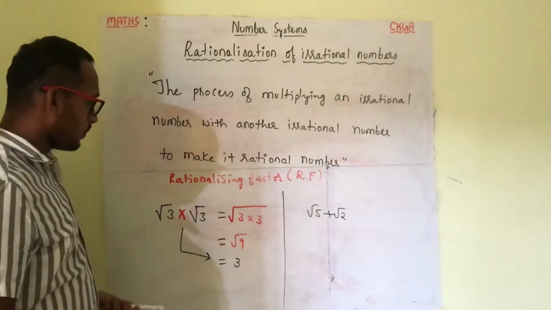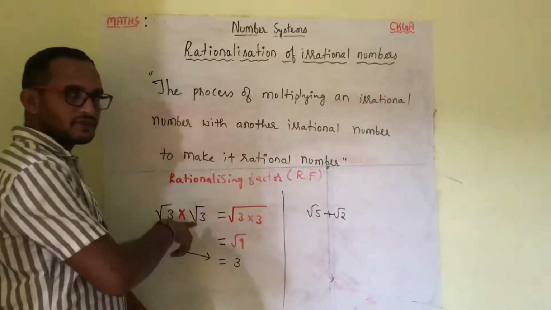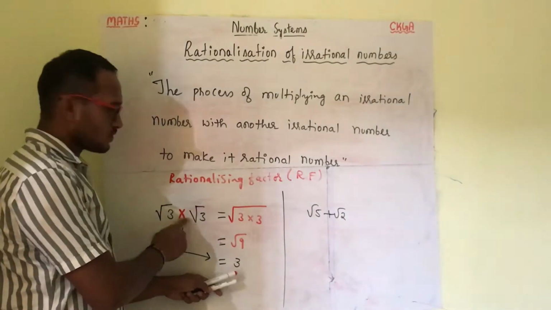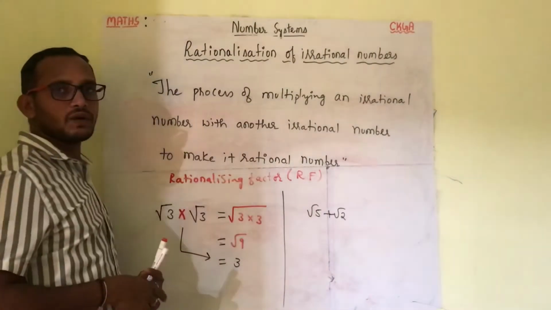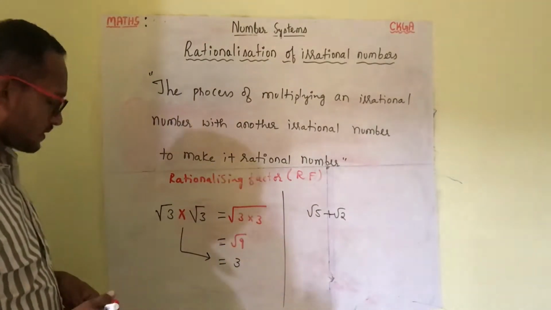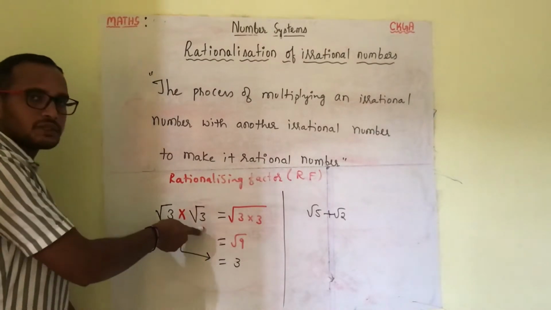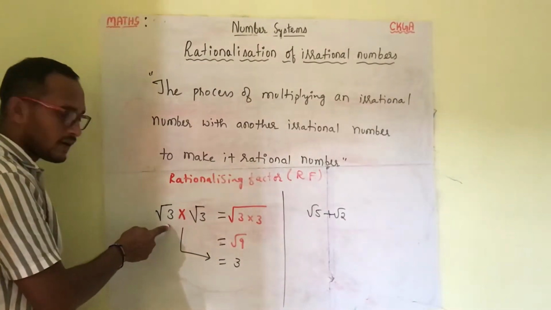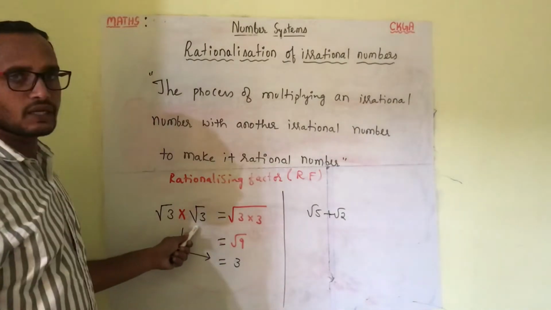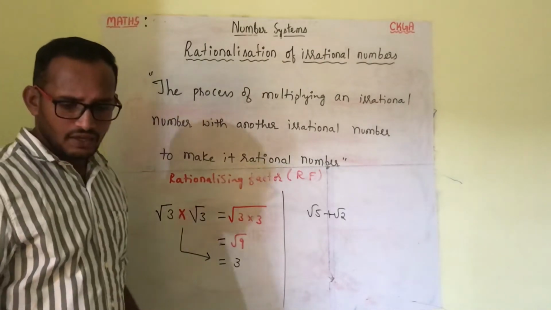So you took an irrational number, multiplied it with another irrational number, and got a rational number. This process is called rationalization. The rationalizing factor of root 3 is root 3 itself. Multiplying root 3 with root 3 gives 3.